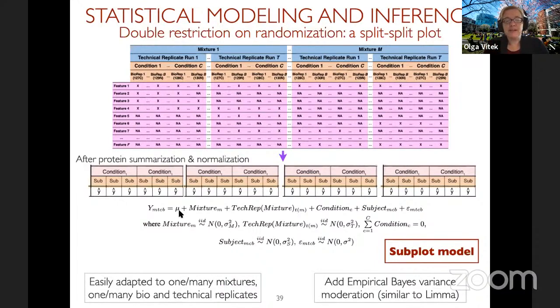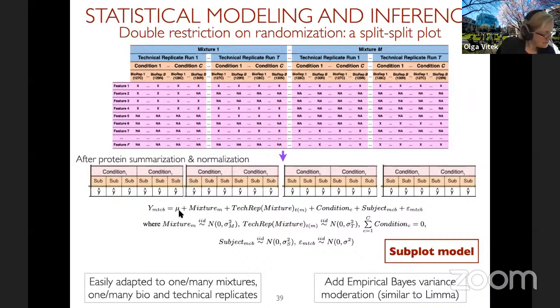So now they are comparable and we can use them to characterize the sources of variation across the entire experiment. So to summarize, if you have more than one run, a reference channel is very helpful. We experimented with multiple reference channels and they help, of course, but we feel like the loss of biological replicates is probably a bigger problem. So one reference channel is already quite reasonable.